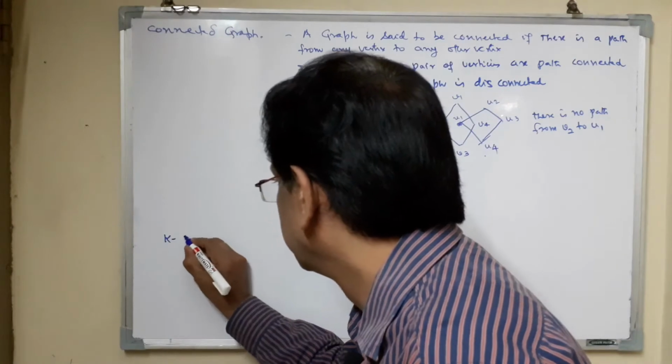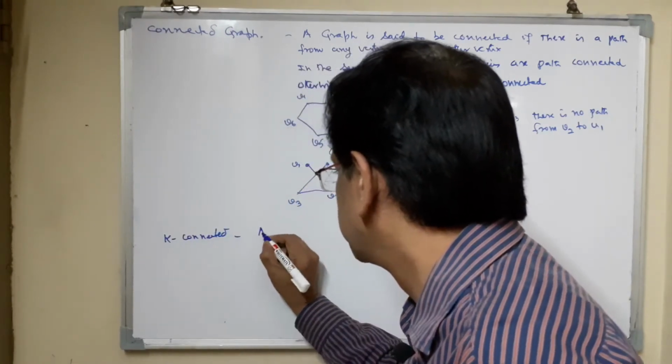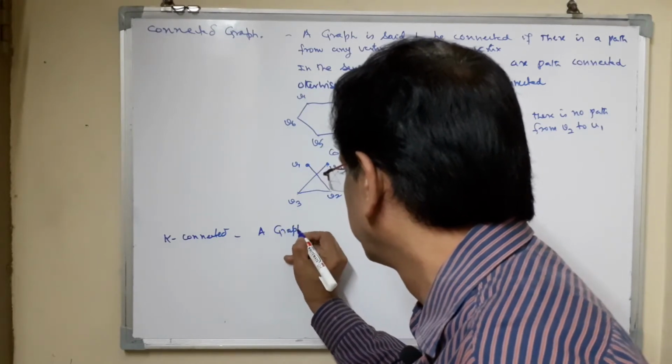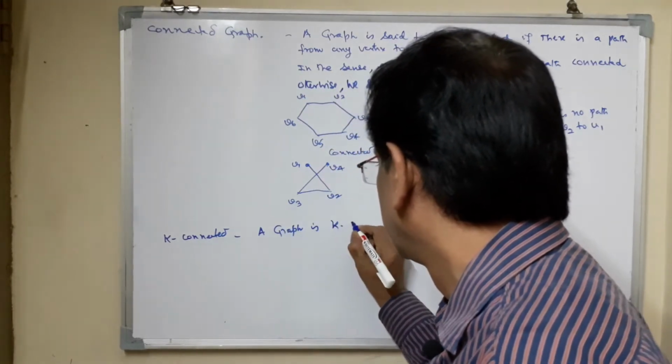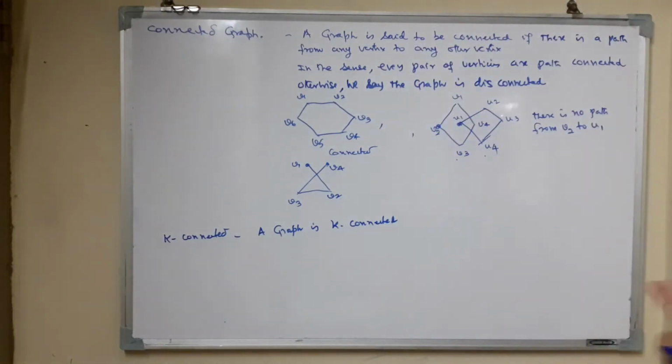K connected. A graph is said to be K connected, that means I must have K vertices.